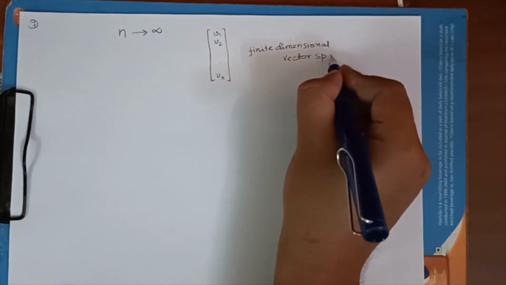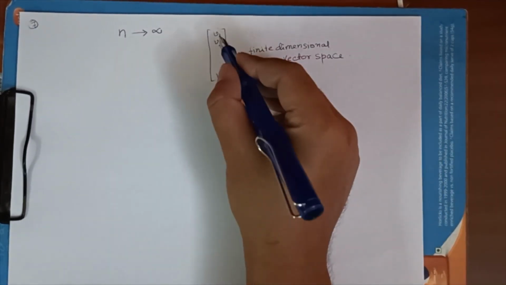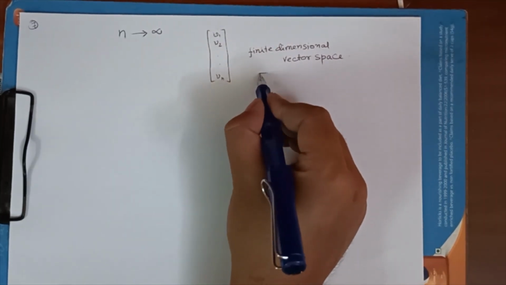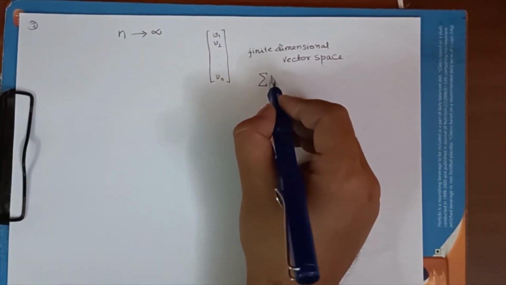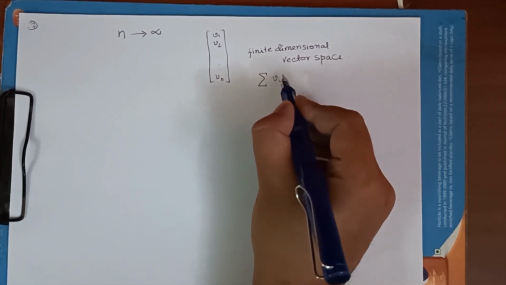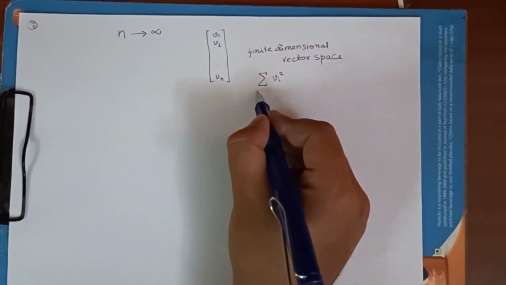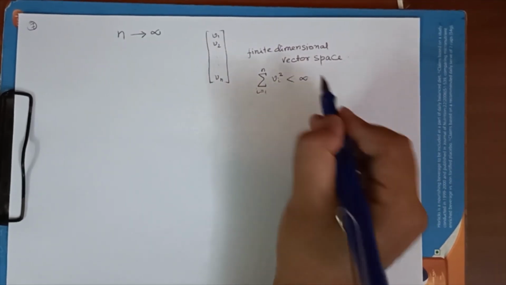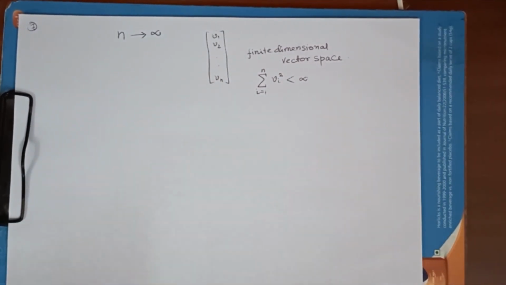And in a finite dimensional vector space, the good thing is that as long as all these values are finite, the sum of vi square, from i equal to 1 to n, remains finite. So the length of the vector is always finite.